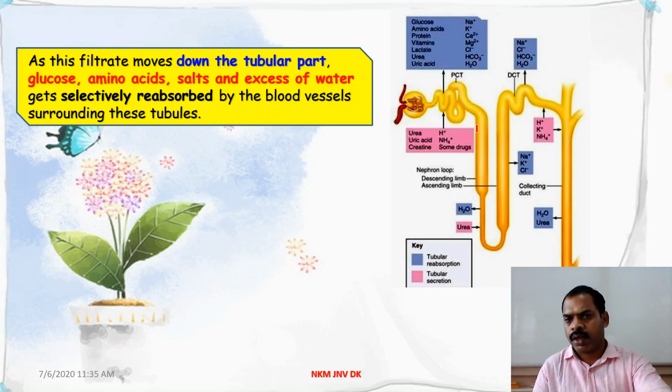But urea, excess salt, drugs I told you, water, these types of materials will continue their journey and ultimately lead into the collecting duct. So there is a role of blood vessels to reabsorb the nutrients required for our body from the tubules.